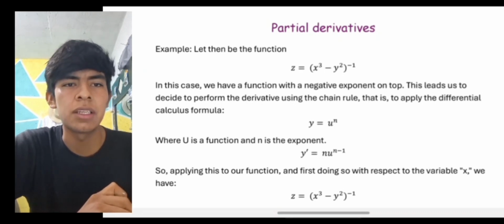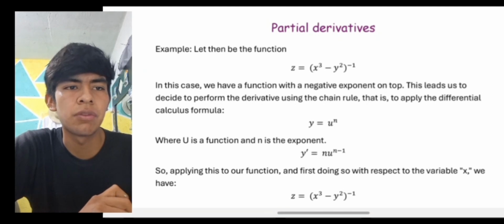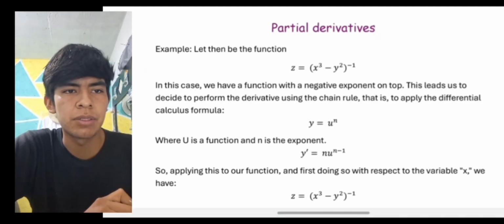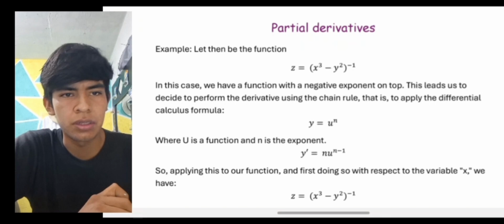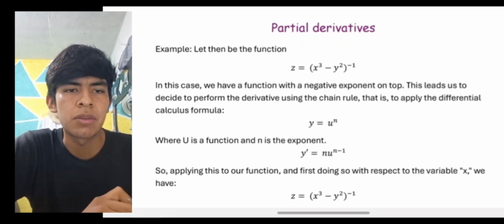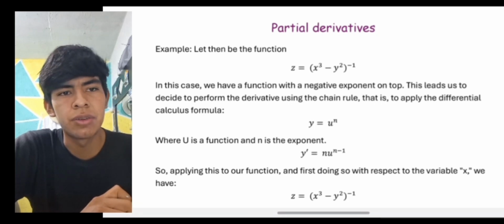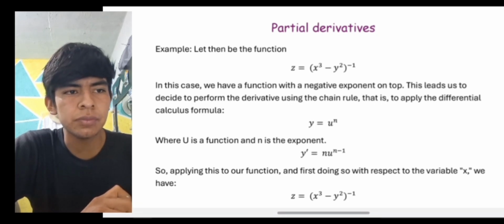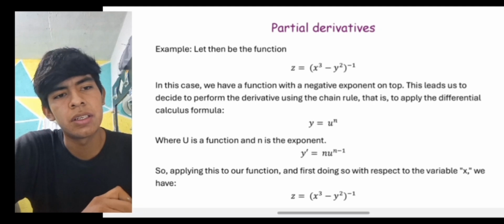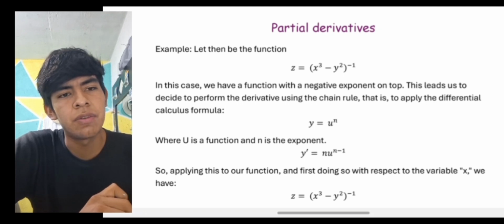This leads us to decide to perform the derivative using the chain rule, that is, to apply the differential calculus formula: if y equals u to the n, where u is a function and n is the exponent, then y prime is equal to n multiplied by u to the n minus 1.